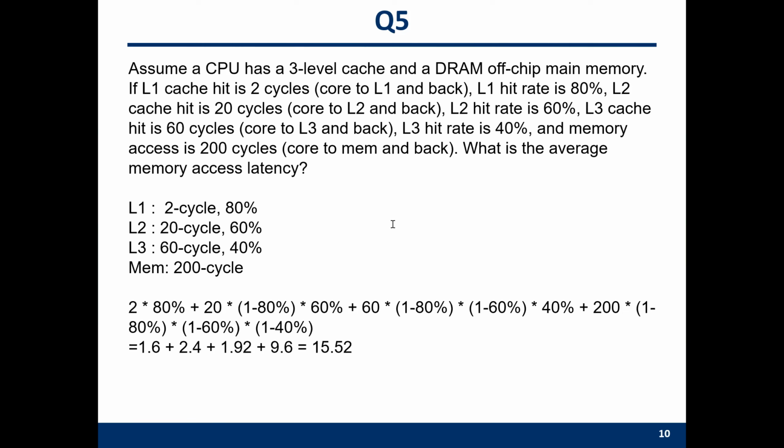And then we have the average memory access latency. Here we have three levels of cache, and different level caches have different hit rates.